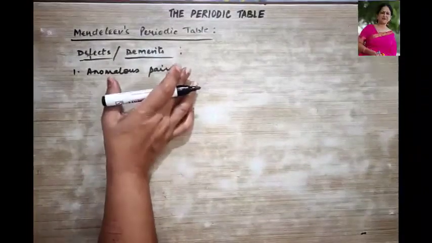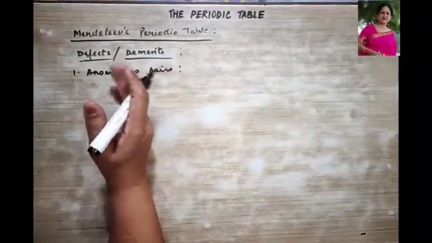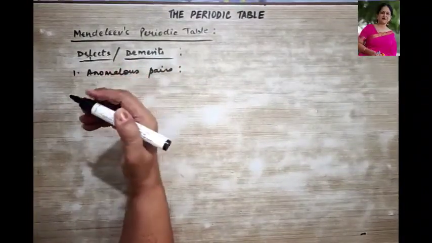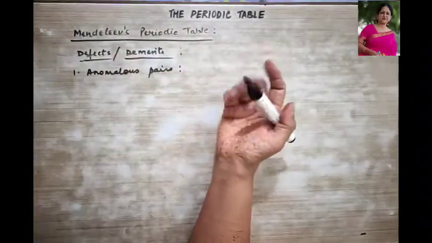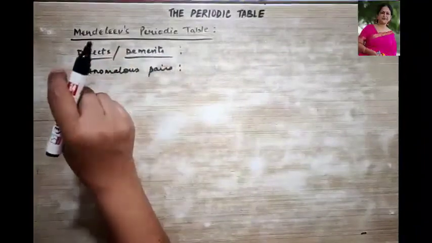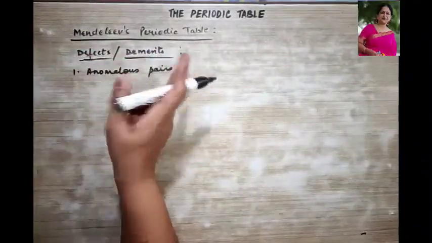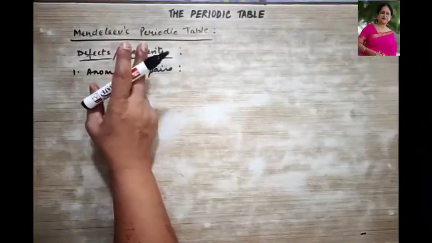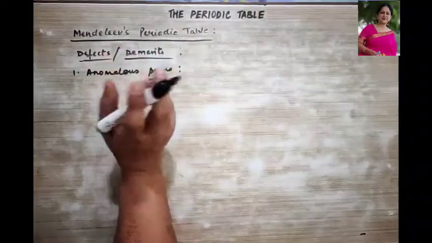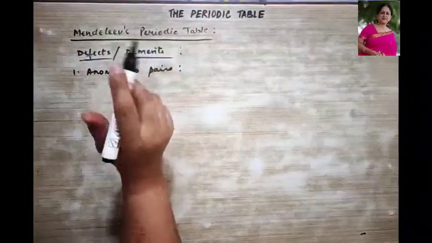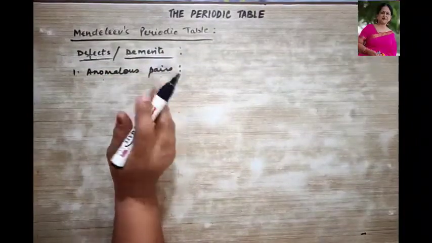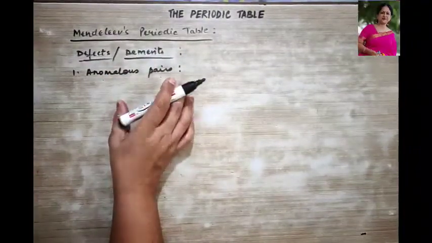Why do we say abnormal pairs? Because in the earlier part of it I had told you that he had arranged the elements according to increasing atomic weight, right? But there were certain places where he was unable to place the elements according to the increasing atomic masses, right? So such pairs were termed as anomalous pairs. I hope this is very clear.